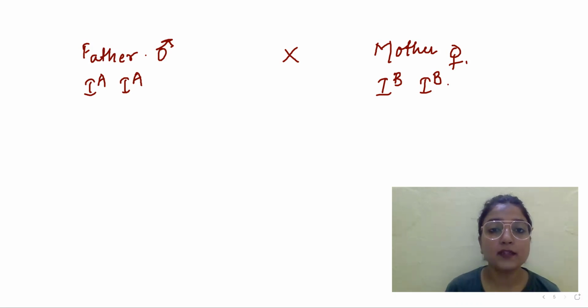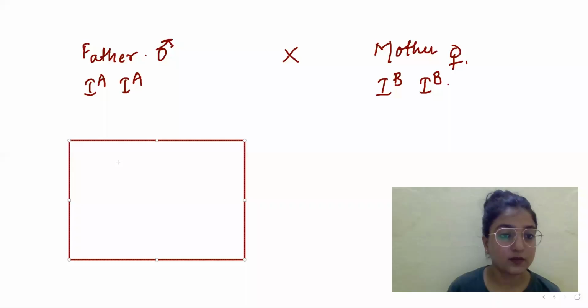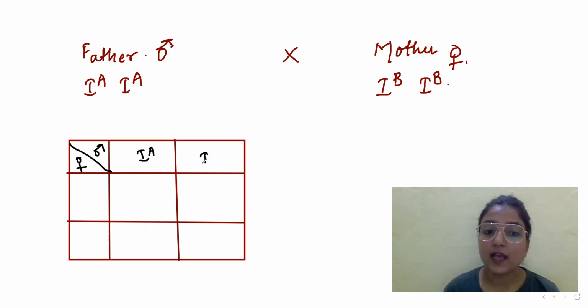Now, if we make the Punnett square here, we will get a different percentage. So we first make a Punnett square, with male and female. The father has IA and IA as the alleles because they are homozygous in nature. The mother has B blood group that is homozygous in nature, so IB.